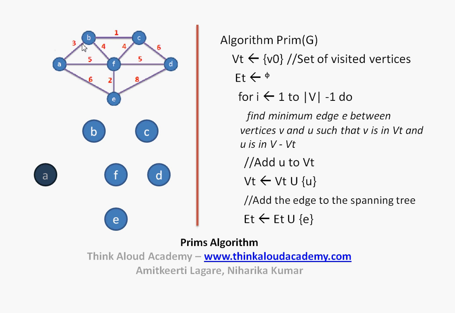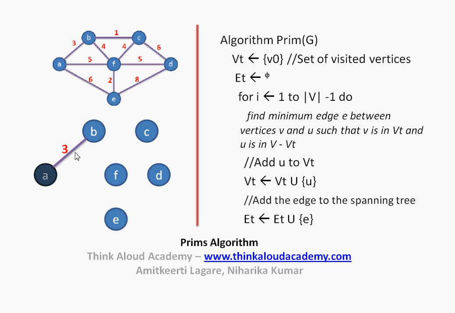In this graph you will see that from A there are only three possibilities: AB, AF and AE. So I will choose the one which is minimum, which is AB. So U in this case becomes B and V in this case is as usual A. So there is an edge UV, the smallest edge, which connects A and B. So we will add the new vertex U to the visited vertices and the new edge E to the visited edges.